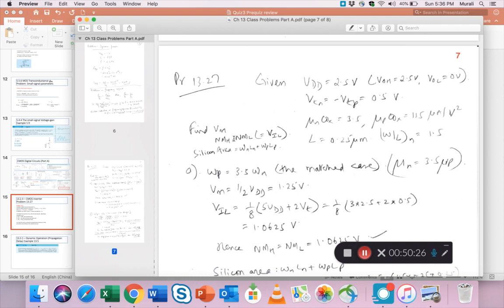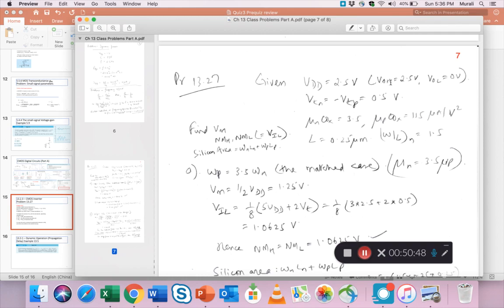And these values are given, mu n COX, mu p COX, and L is given. W by L of N is given. Okay, so find Vm, find these noise margins.